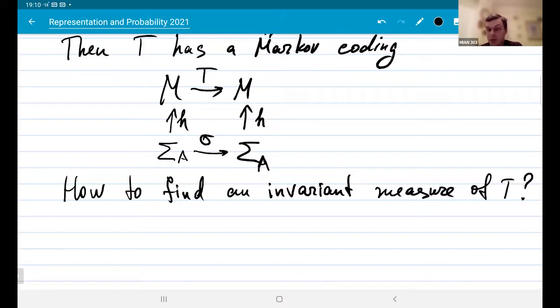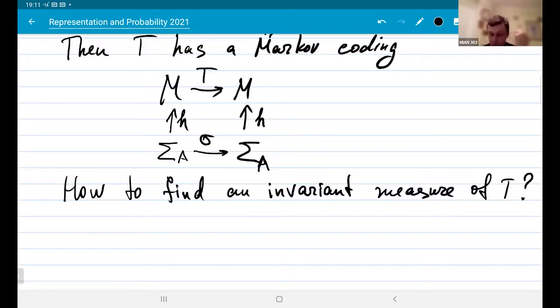Initially there is no such measure. In our example, we started with Lebesgue measure for T, and then we see that the preimage of this Lebesgue measure under H is just the Markov measure. But now we have no invariant measure initially, and we need to somehow construct it.